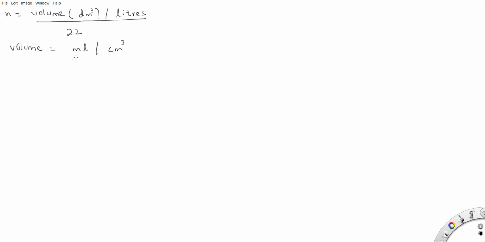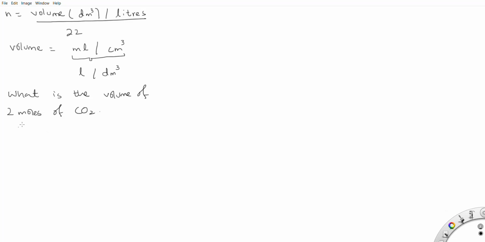Then again you need to convert these into liters or cubic decimeters. Then, for example, the question says, what is the volume of 2 moles of carbon dioxide?